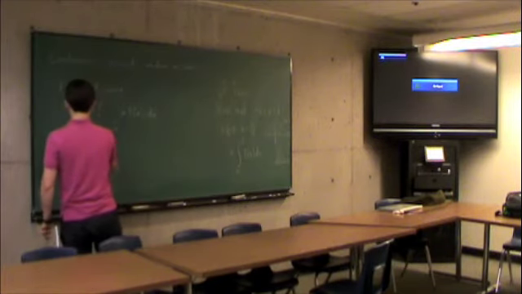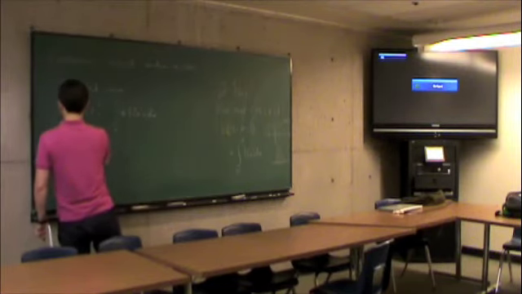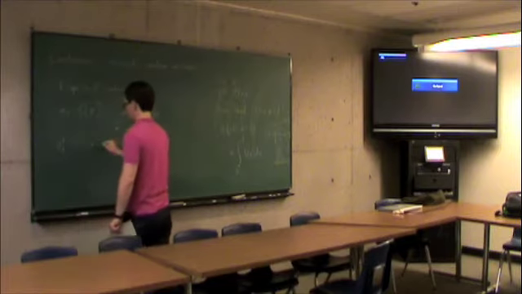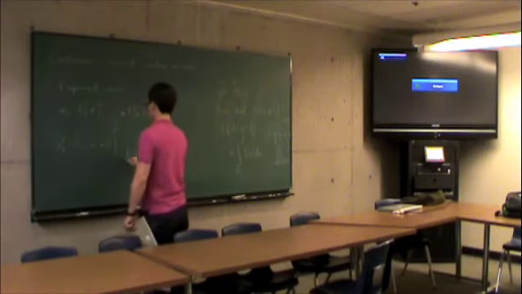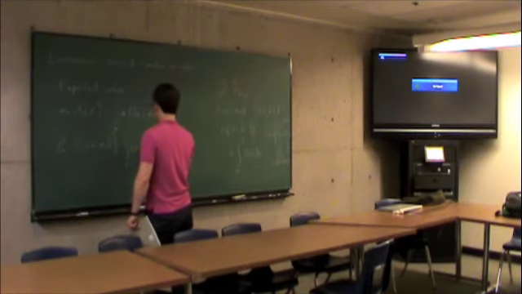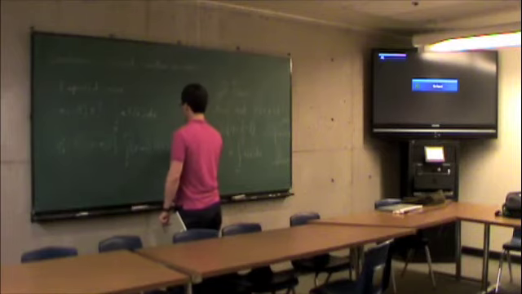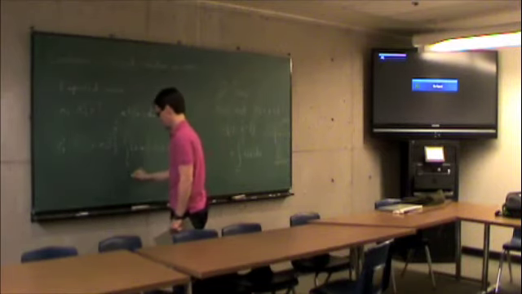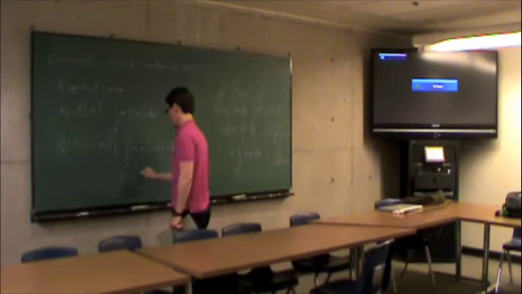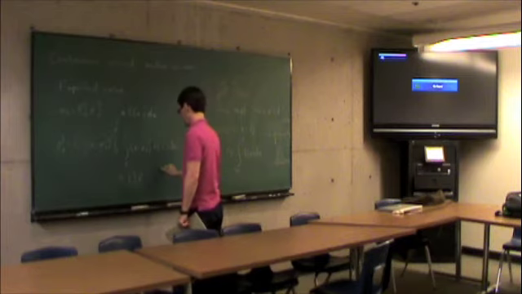The variance, expected value of x minus mx squared, sigma squared, is the integral of x minus mx squared times f of x dx, and once again you can show that this boils down to expected value of x squared minus mx squared.